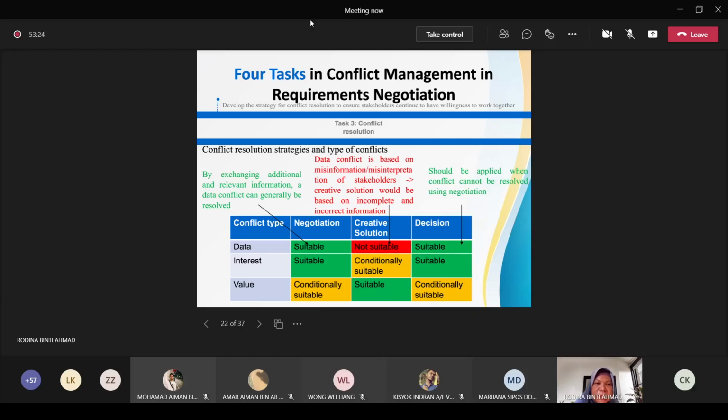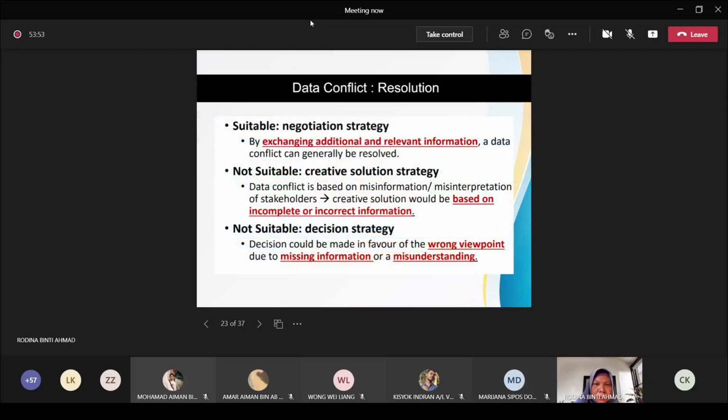For data conflict, it's not suitable to use creative solutions. The strategy of decision should be applied when the conflict cannot be resolved anymore. If you find that the negotiation strategy is not working, then maybe we can try to resolve it using a decision strategy.